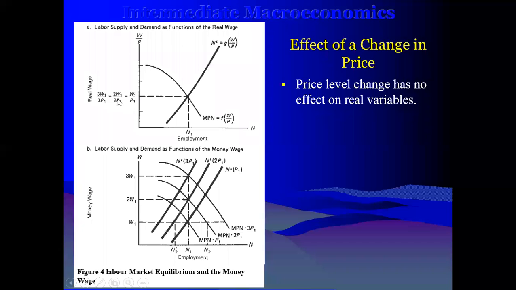Now, if price should increase to 2P1, what is going to happen? Let's start from the real wage. If price should increase with a constant nominal wage, P is increasing but W is constant, what this means is that there's going to be a reduction in real wage.